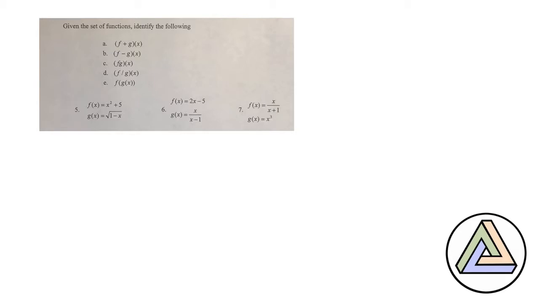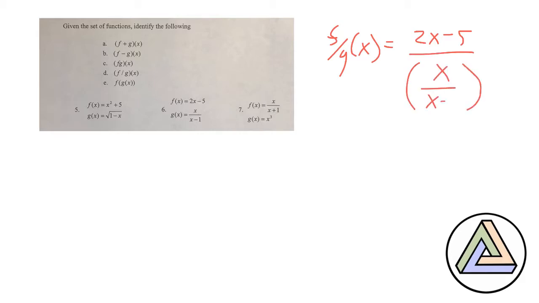All right, so what else do we have? We have f over g of x. So that would be 2x minus 5 over the whole thing of x over x minus 1. Okay, so we got a lot of domain restrictions here. First of all, this denominator can't be 0, so we know for a fact that x cannot equal 1.